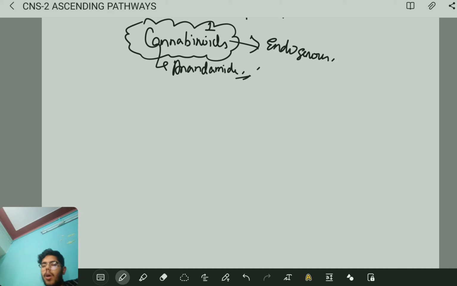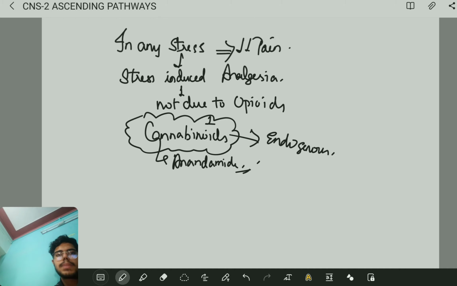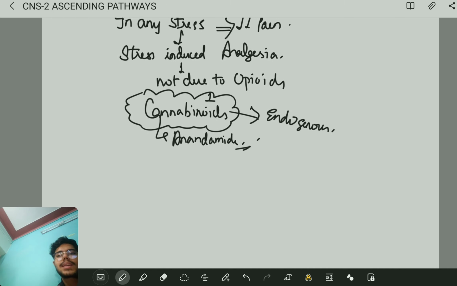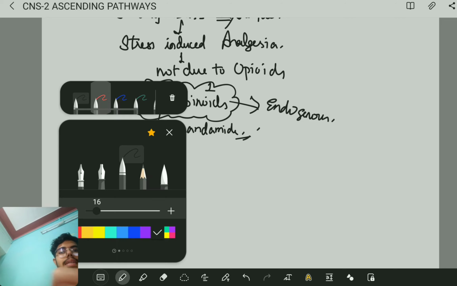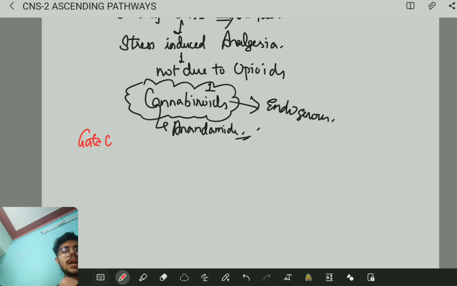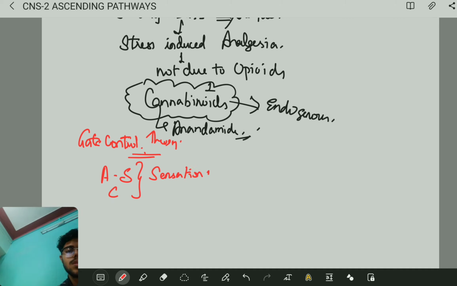To complete this 5 mark question, you should also write about a very important theory, that is the gate control theory. What is this gate control theory? Very important. See, you know that for pain we have A delta and C fibers, and these carry the sensation of pain. This you know.